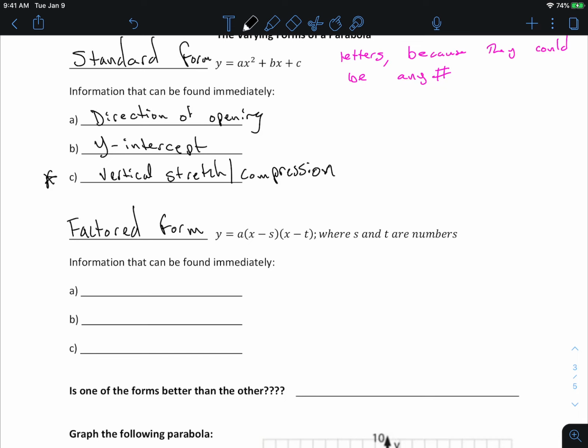Okay, same idea here. This one's very close. You can still see the direction of opening. I didn't really explain how, but you can tell that by looking at this value.